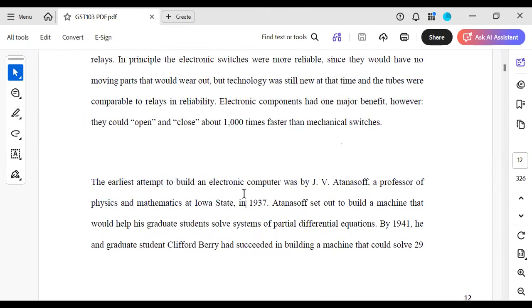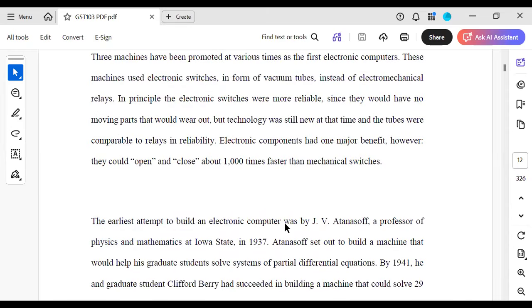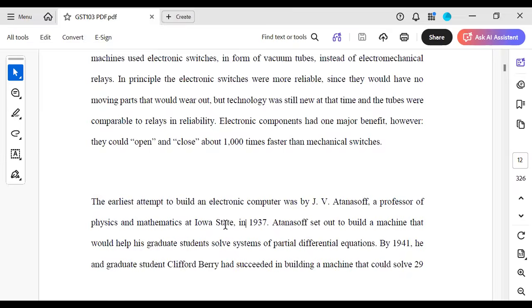That is why the first generation of computers seems to start from the 1930s, 1937, because that was when we were able to come up with the first electronic computer, by the professor of physics and mathematics at Iowa State.